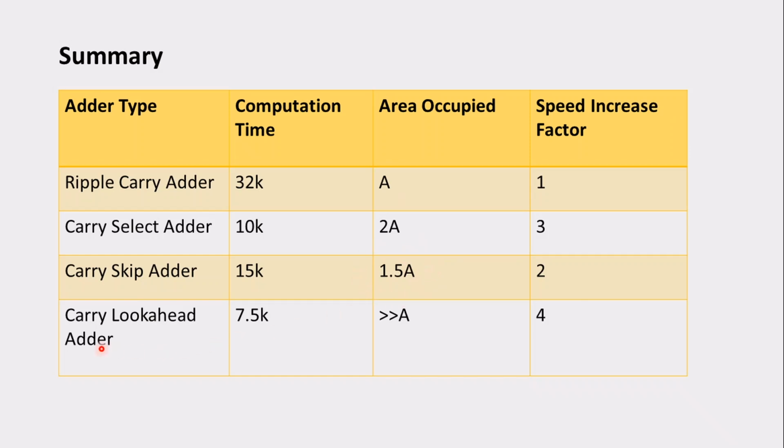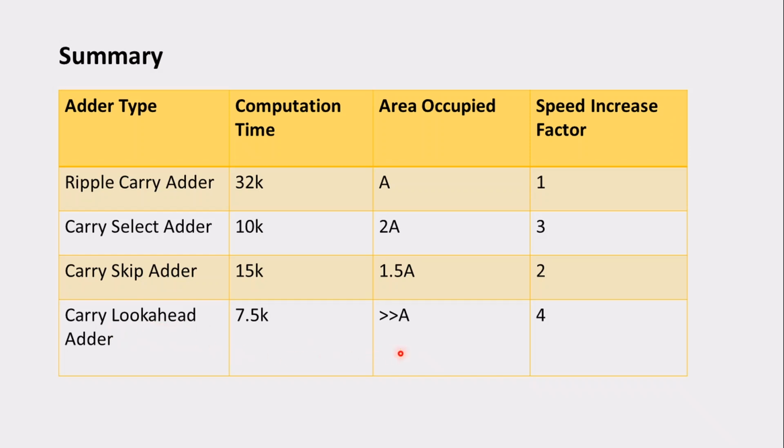But when you look into the carry look ahead adder, since we are computing the sum and the carry simultaneously, the computational time is reduced somewhat faster. But the area required is increased, since we have the look ahead logic in terms of different AND gates and OR gates.